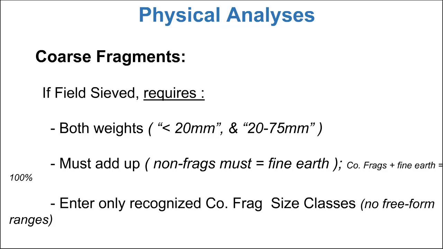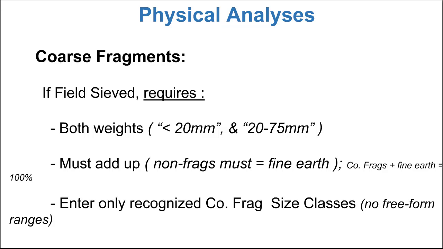And the last one is sort of a side effect from NRCS capabilities. You can enter whatever you want pretty much as the upper and lower class boundaries for coarse fragments in NRCS. LIMS only recognizes the standard engineering classes.